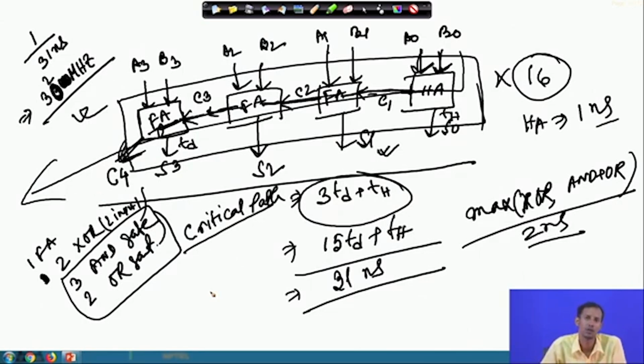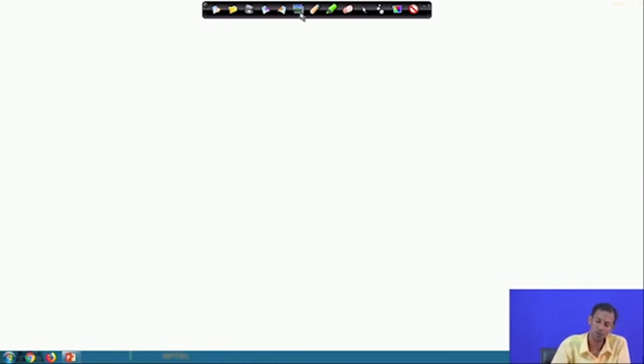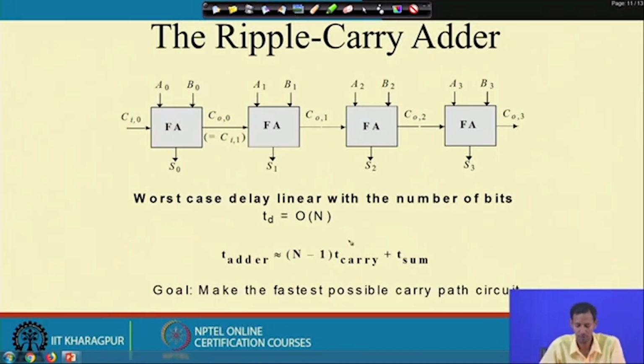Whenever we are considering more number of bits, you can get a larger delay. So, if you see here, these are 4 full adder cells, and the worst case delay is linear with the number of bits, as I said.